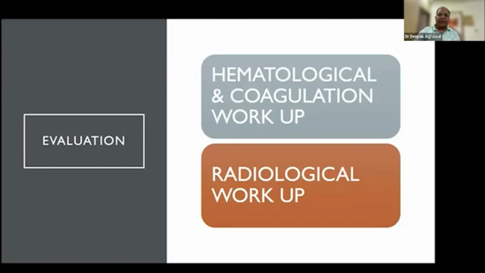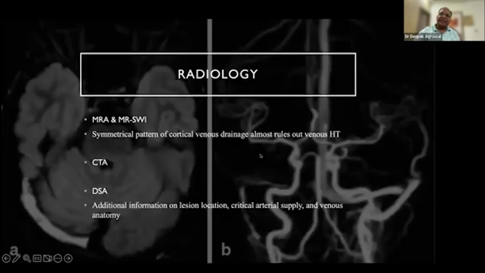Evaluation: obviously, because these are acquired lesions with venous sinus thrombosis or venous thrombosis, a hematological and coagulation workup is required to find out the cause of the thrombosis. Besides this, we need to do a radiological workup where the initial test of choice is the MRI.